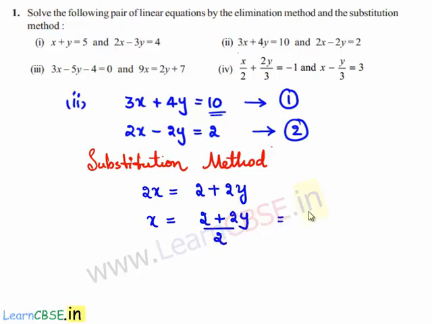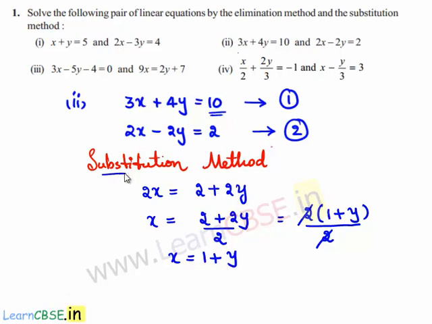So we can write this as 2 times 1 plus y, because 2 is taken as common in the numerator, and the denominator is 2. So 2 and 2 get cancelled and we'll be getting x is equal to 1 plus y.